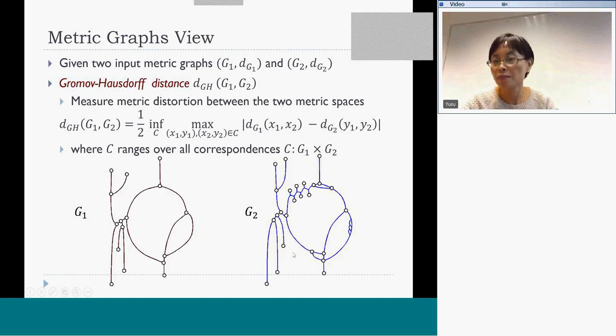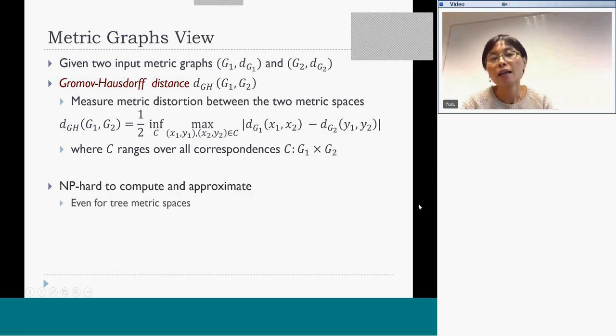I'm not going to give a detailed definition, but roughly speaking, the Gromov-Hausdorff distance wants to identify the optimal correspondence between points in these two graphs, such that if you take any two points, say x1, x2, from the first space, the distance between them is not distorted much compared to the distance between their corresponding pair in the graph G2. You want this distortion, the maximum such distortion, to be minimized. It's a very natural way to measure near isometry, to define metric distortion.